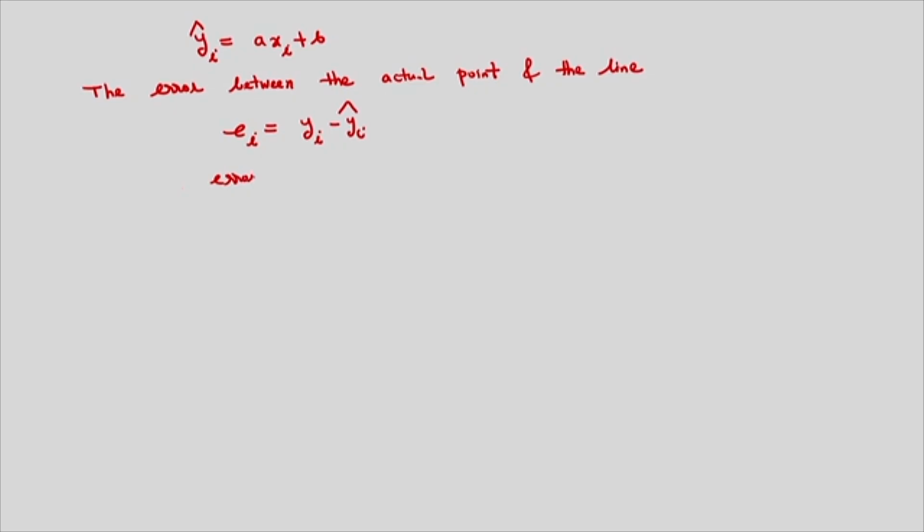The error I have to determine. Error is E. I have n number of points, summation over i equal to 1 to n of (yi minus yi hat) square. This is nothing but the mean square error we are determining.